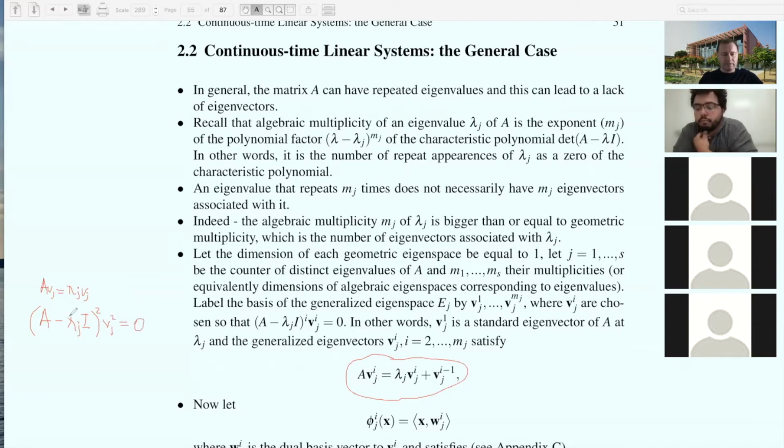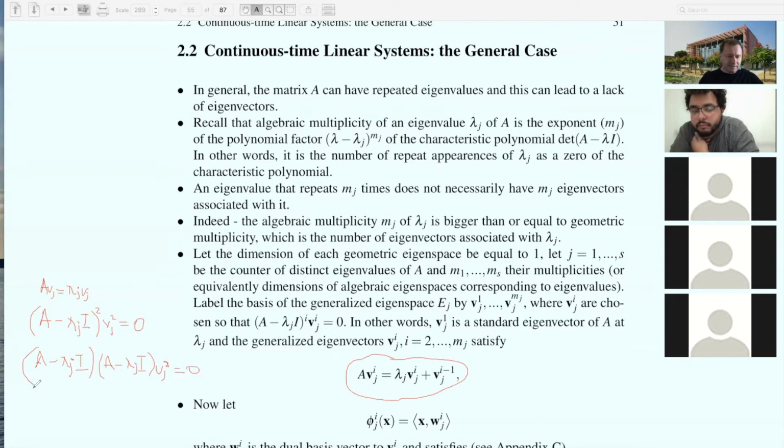So in this equation, you have A minus lambda j I applied twice. So you could say (A minus lambda j I), then multiply that by (A minus lambda j I) Vj2 is equal to 0.